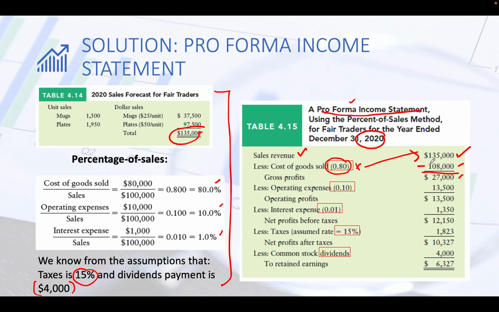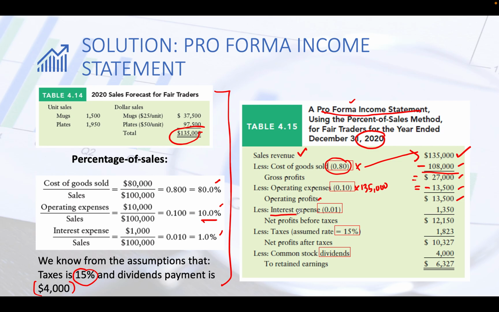Nak campur, tolak. So, sales minus COGS, you get a gross profit. Then, operating expenses is 10% from sales. So, 10% times 135,000, you get 13,500. 27,000 minus 13,500, you get 13,500. Okay. So, dapatlah operating profit.